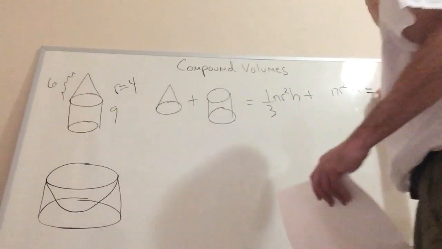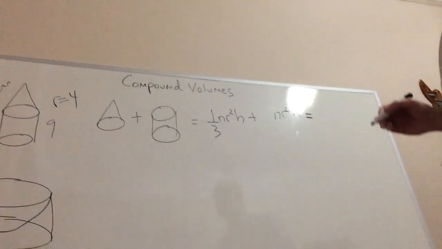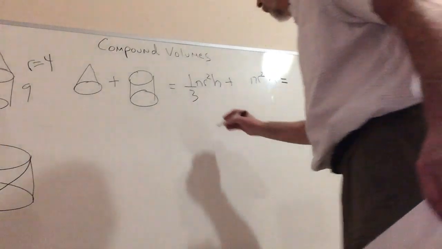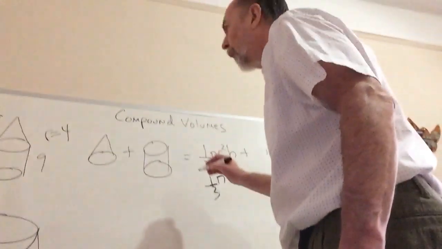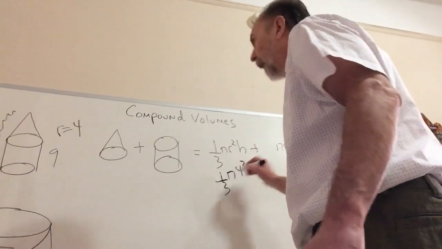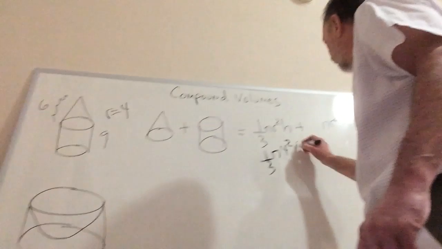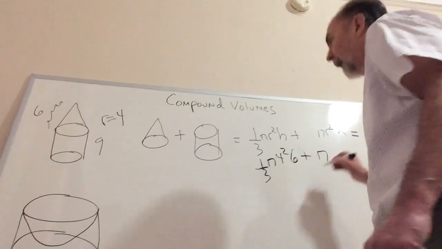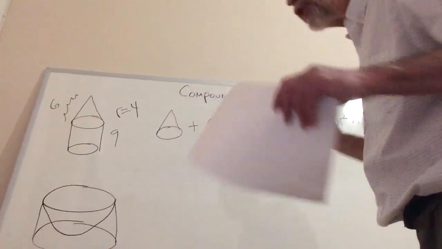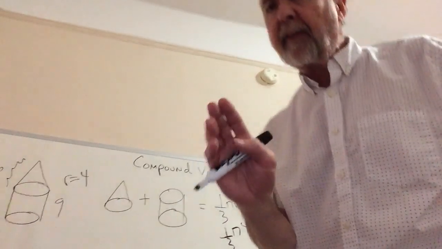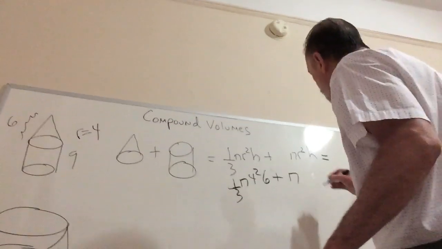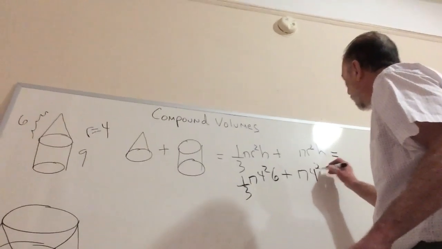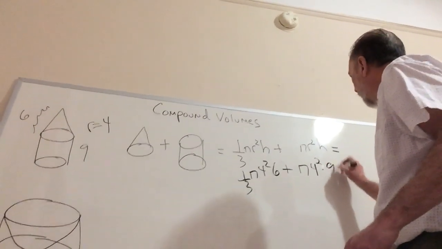And then we come up with our answer there, which I'll calculate right now. So I plug in the data. 1/3 pi r squared here is 4 squared. H for the cone is 6 plus pi. And then again, they share the same radius. That's the whole idea of compound shapes. Okay, they share the radius. So that would be 4 squared, and there's the height there.